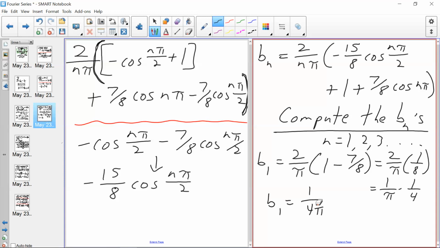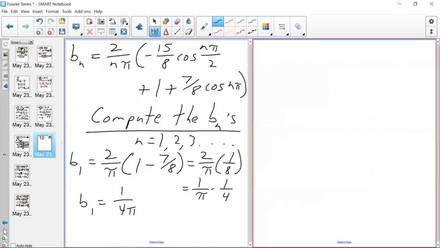I think we're going to do the b sub n's all the way up to 8. We'll go for b sub 8. So we got b sub 1, and let's see how this gets put together. So b sub 2 is 2 over 2 pi, or just 1 over pi.